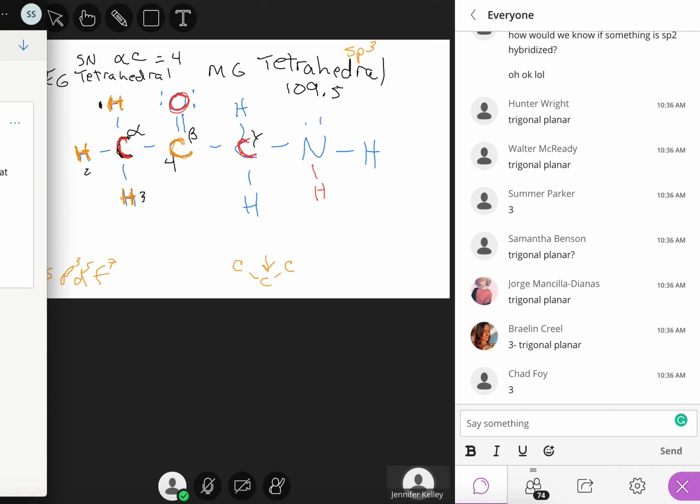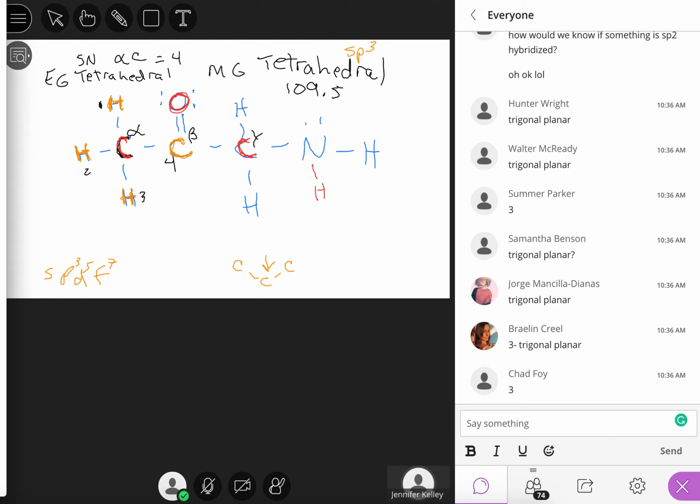All right. And then Chad was asking about sp2 geometry and how do you know it's sp2? It's the same thing. You're just going to count electron areas as you go around. I say electron areas because I'm not going to say bonds, because if you look at the oxygen, there's a double bond there. And some people might say that looks like 2 bonds, and other people might say it's 1 double bond, so then they might call it 1.